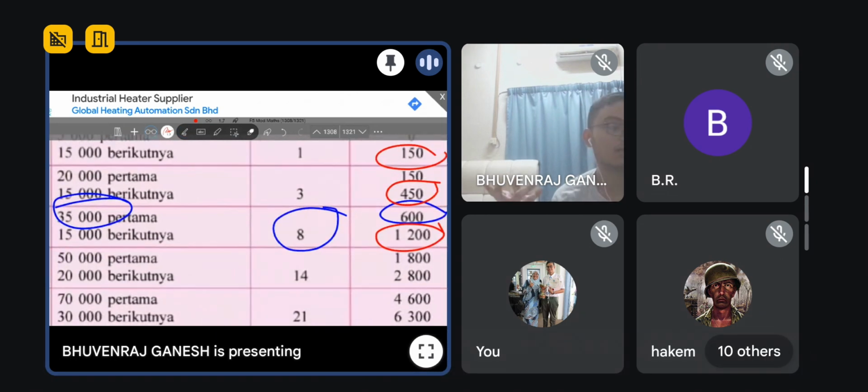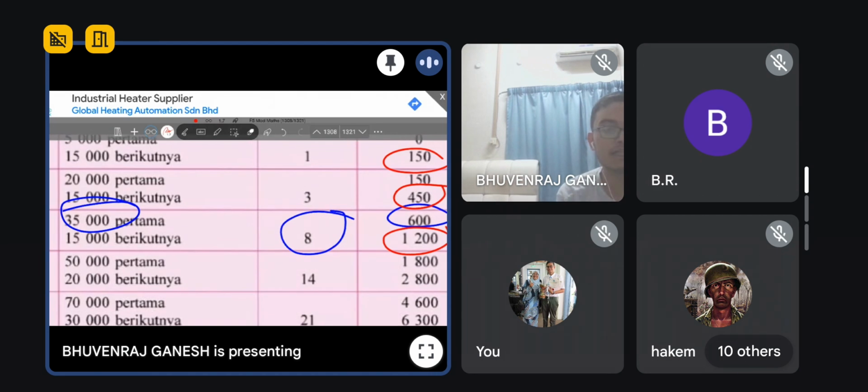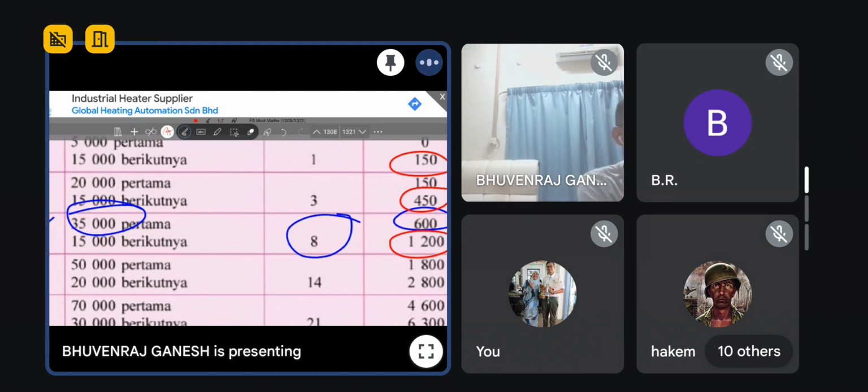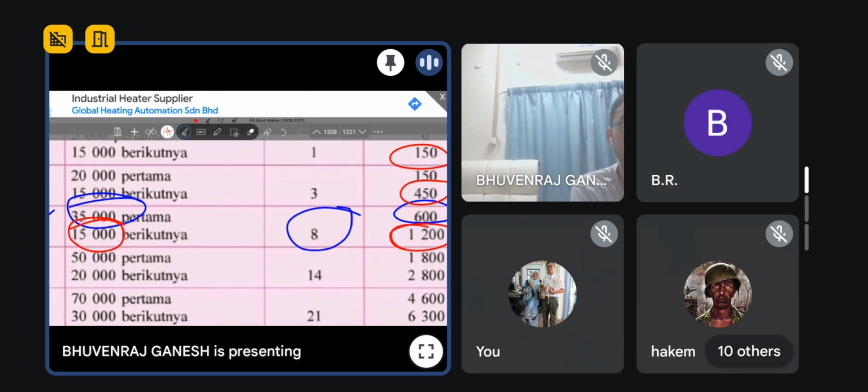Our calculation doesn't fit that condition, because you can see here only when your balance is 15,000 can you use this value. So if your balance is not 15,000, you can't use this value. You have to count by yourself. This one is just to help you only.